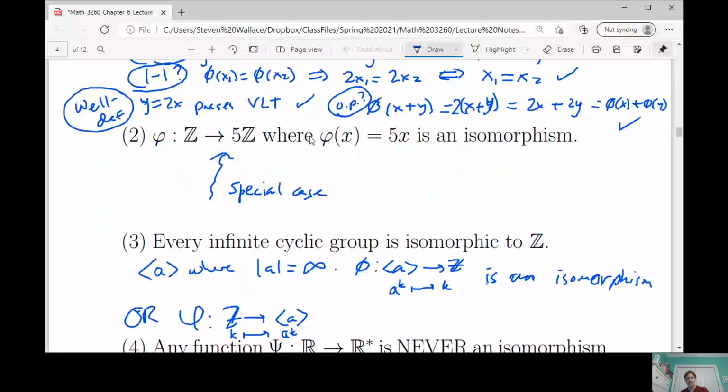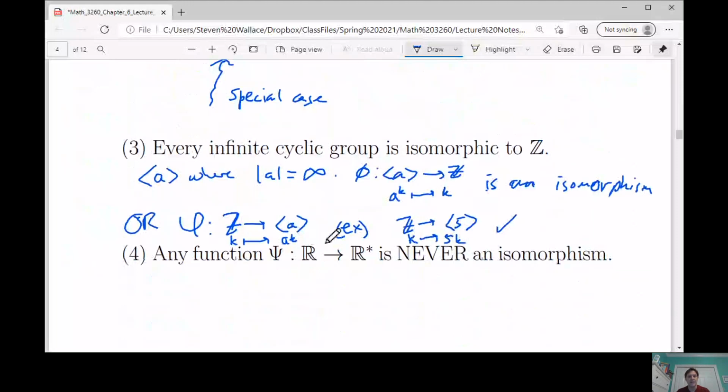All right. So for example, we have Z going to the subgroup generated by 5 in that group. We take a K and we map it to A to the K, which would be 5K. And once again, you cannot get confused by multiplicative.